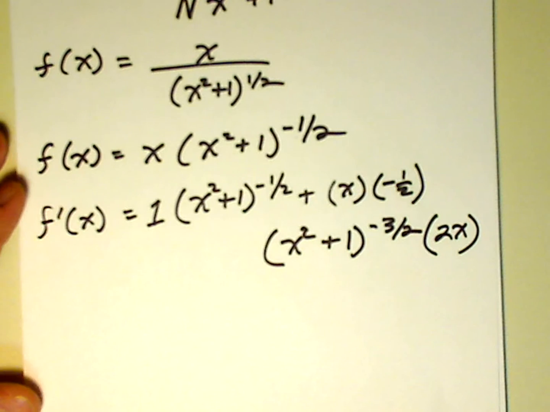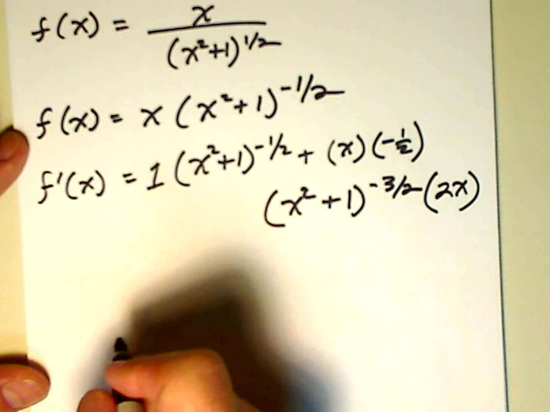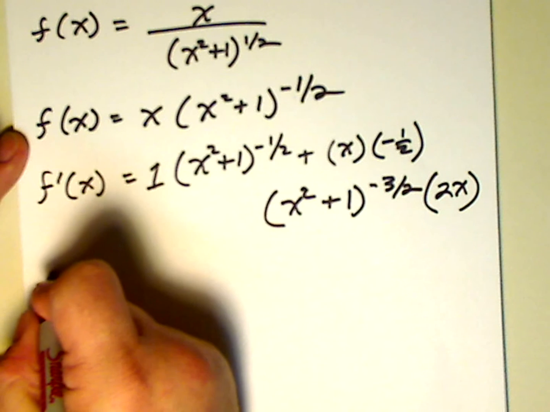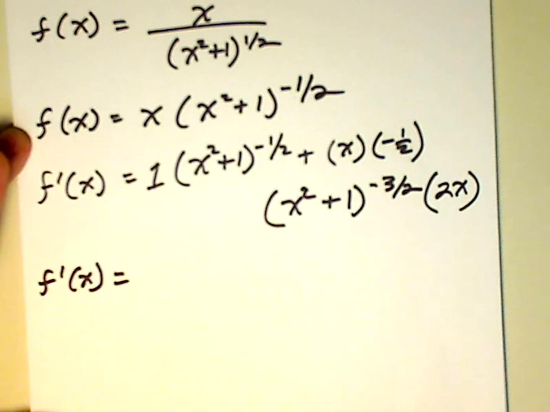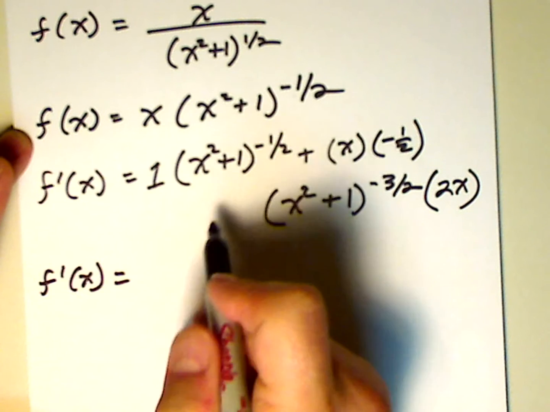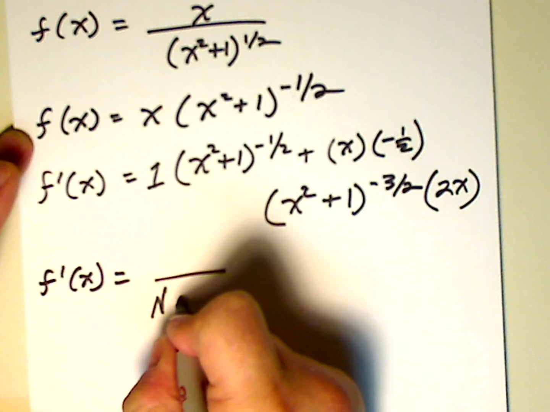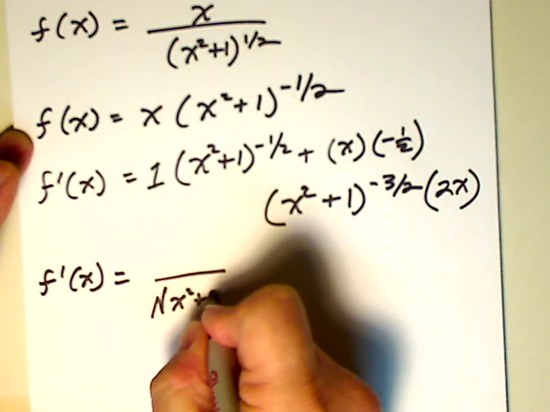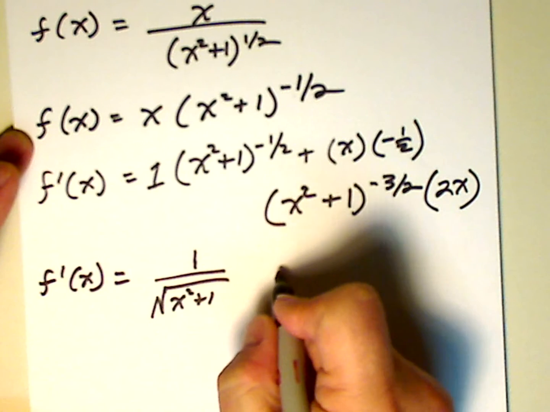Okay. So now, as I've mentioned before, it's the algebra that makes these tough, not the calculus. The calculus is easy. The calculus is over now. So x squared plus 1 to the negative 1/2, well, that's the square root of x squared plus 1, only we put it in the denominator.